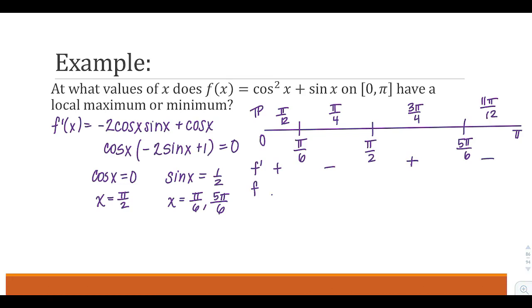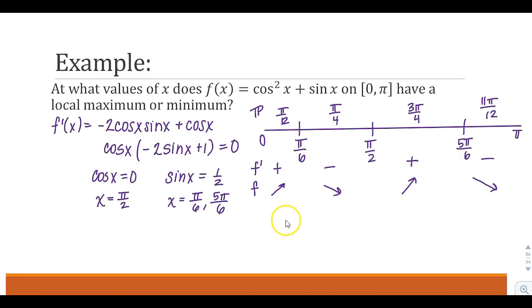So f is switching from increasing to decreasing to increasing to decreasing. So we're going to have quite a few local maximums and a local minimum. So we have a local maximum here at pi over 6 and one over here at 5 pi over 6. And at pi over 2, I have a local minimum.